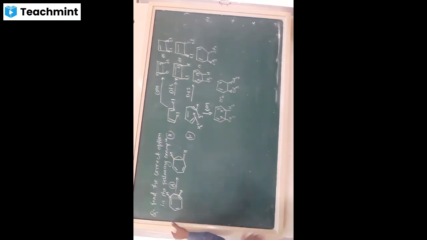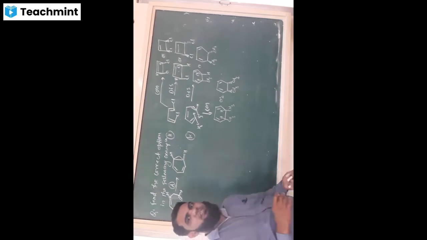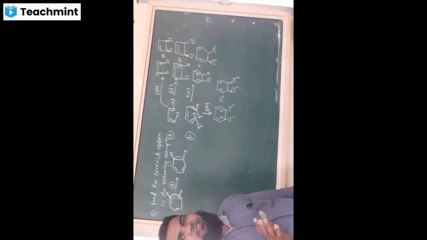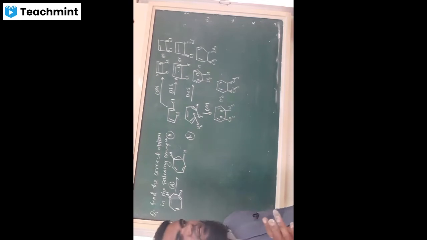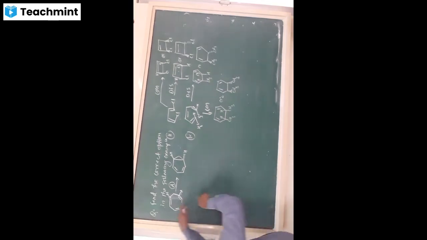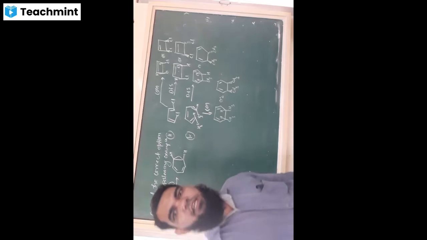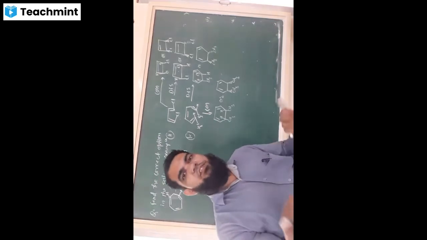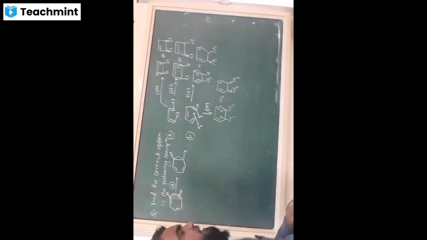So remember one thing, that the cyclic alkenes are generally cis alkenes, and the hydrogens at the termini are actually trans. The termini hydrogens of alkenes are trans.